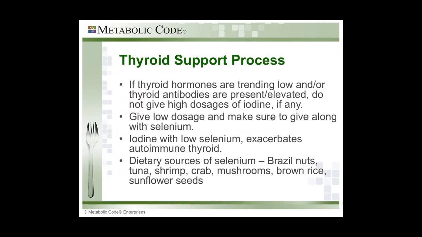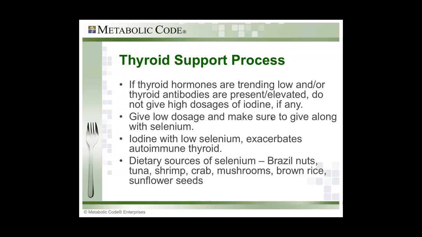Furthermore, what you need to be aware of is if people have thyroid hormones that are trending low, but they do have thyroid antibodies, it's really not good to give too much iodine. Giving iodine really does promote the production of thyroid hormone, which you don't want in an autoimmune person because their immune system is attacking that thyroid hormone.